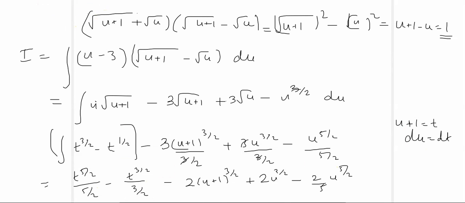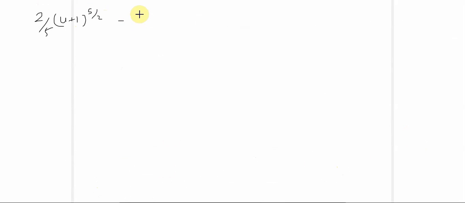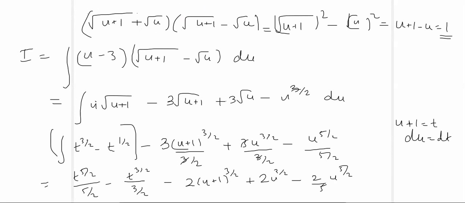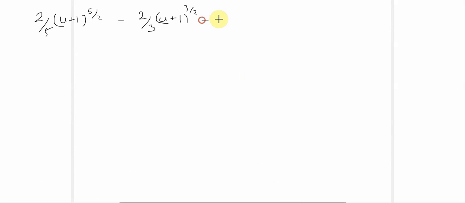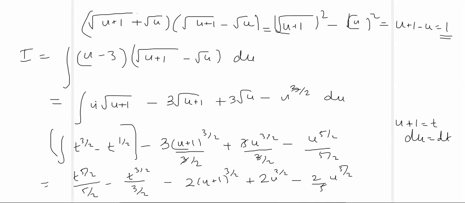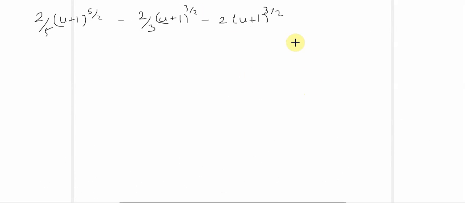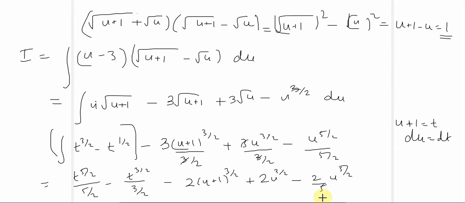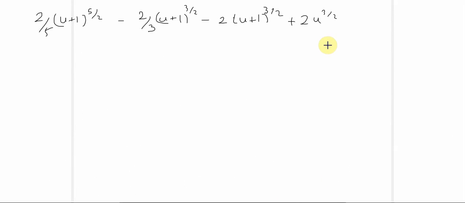Next term is 2 by 3 u plus 1 power 3 by 2, minus 2 u plus 1 power 3 by 2. Yeah, we do have a few terms to cancel out. Plus 2u power 3 by 2, minus 2 by 5 u power 5 by 2.